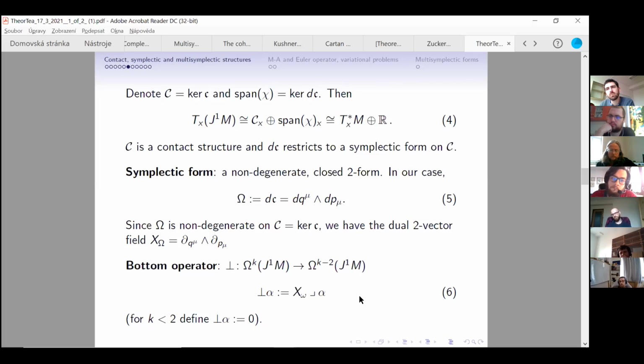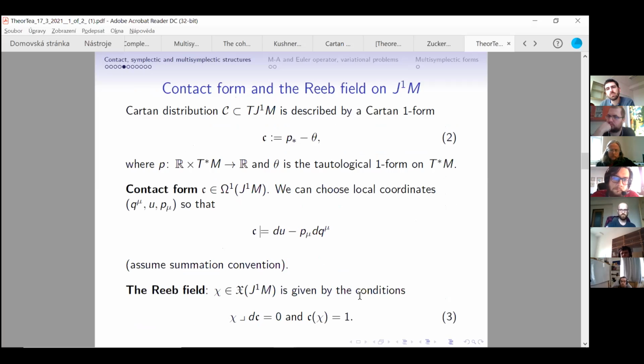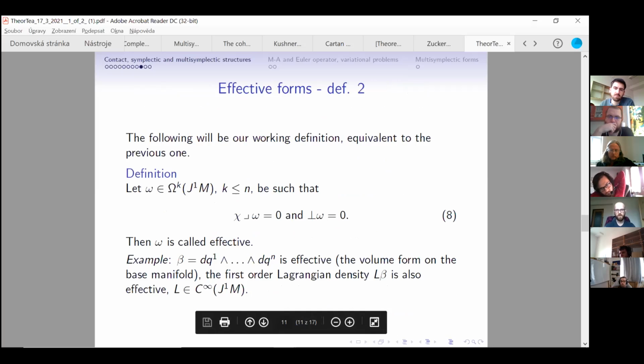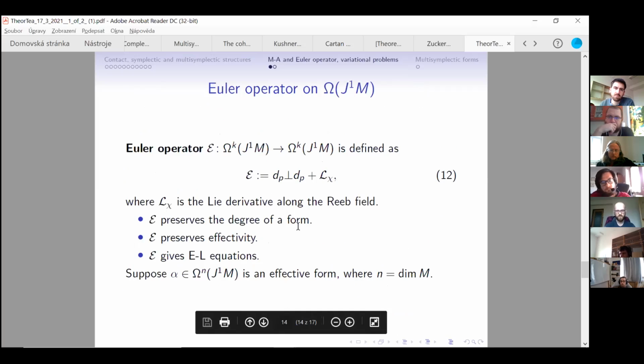It's not obvious, but you can construct an Euler operator for each function. So in fact, check this property of the Euler operator, the defining equation 12.